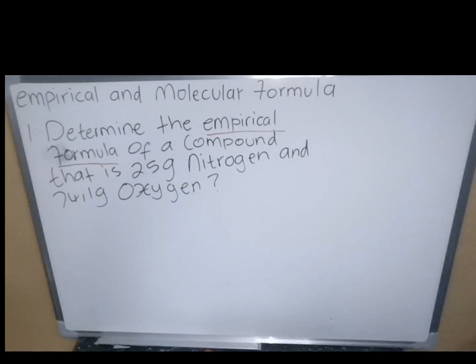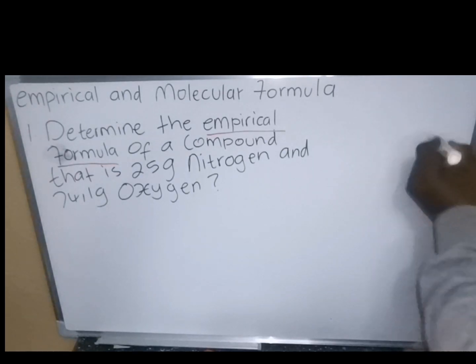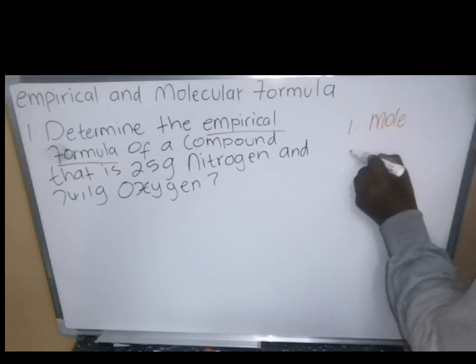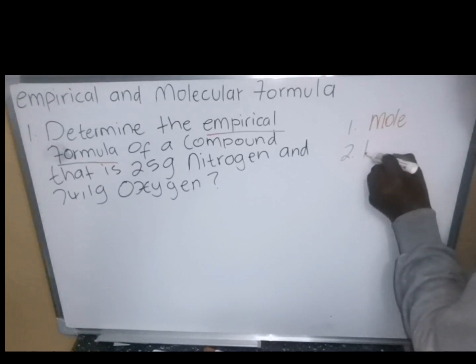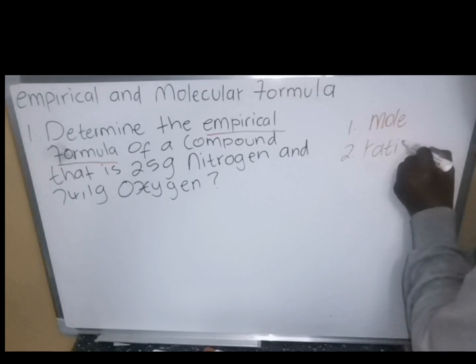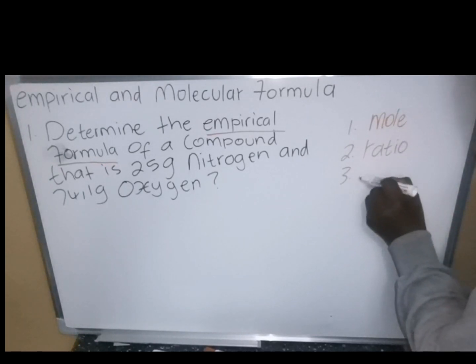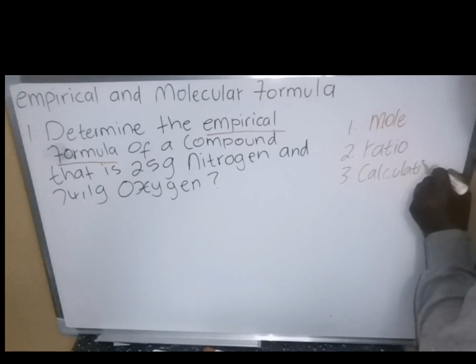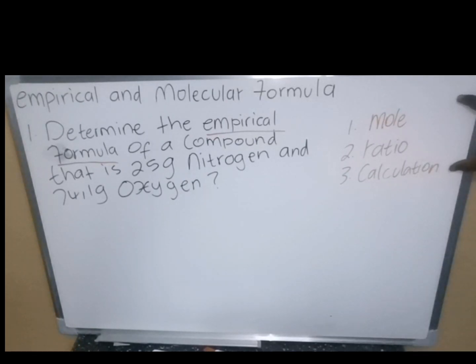It's very simple. For you to determine the empirical formula, you ought to first determine the moles. Number 1, the moles. Number 2, the ratio. Number 3, the calculations. These are 3 concepts that you need to go through to reach the empirical formula.